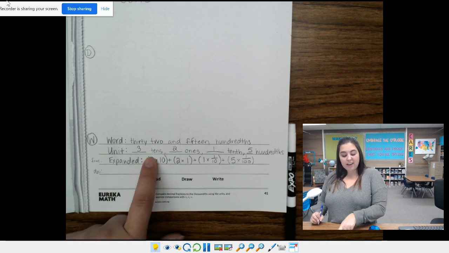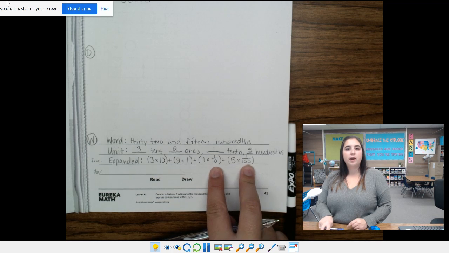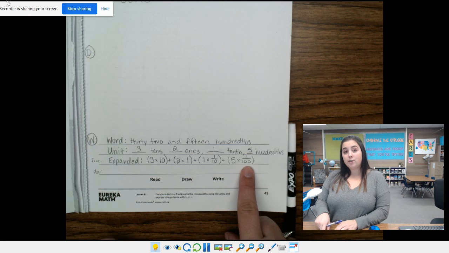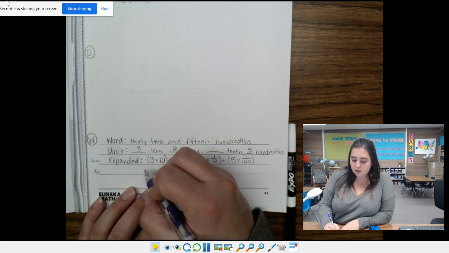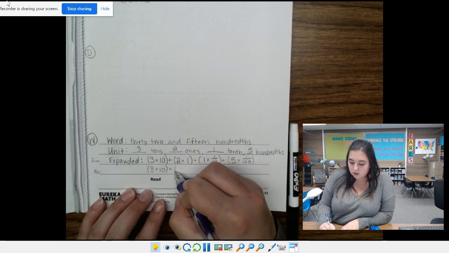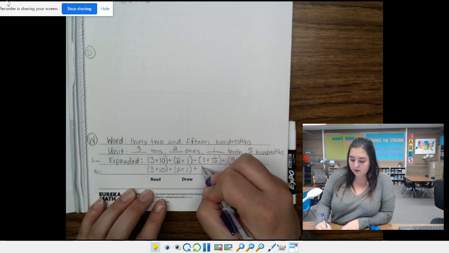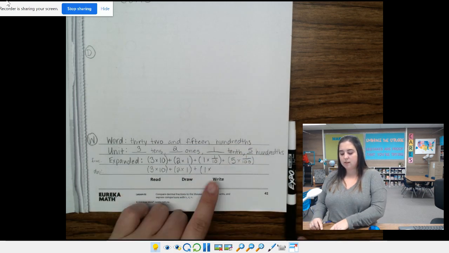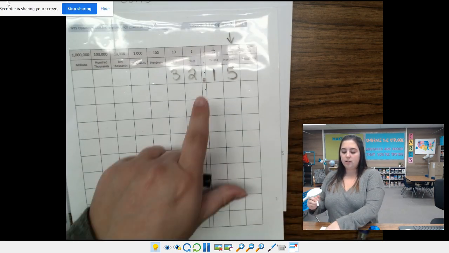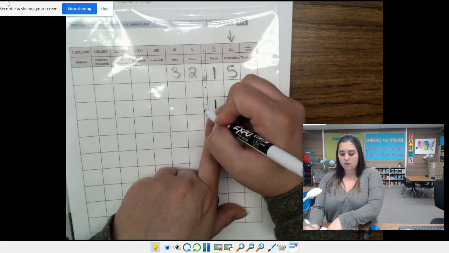The decimal one, I can steal a lot of this. The only things I need to change are my 2 fractions here. I need to show instead what 1 tenth looks like as a decimal and what 100th looks like as a decimal. So I'm going to copy down this 3 times 10 plus 2 times 1 plus, now I have 1 times, how can I write 1 tenth? There's my 10th place. I have 1 tenth. There we go.